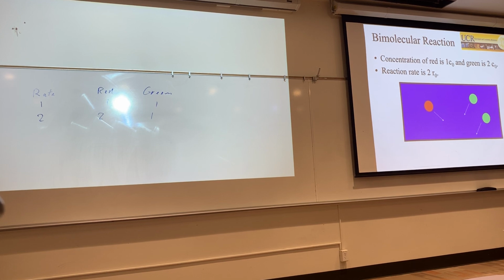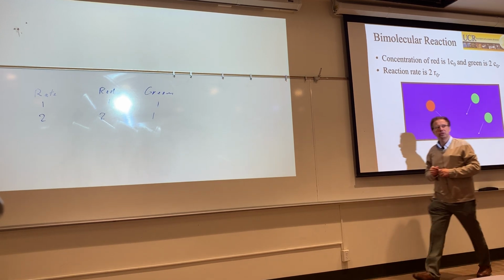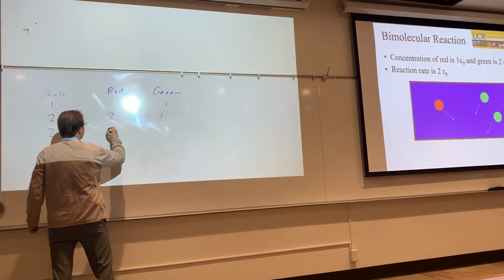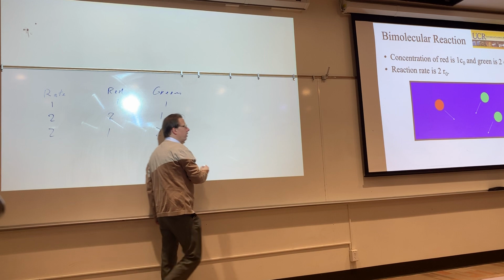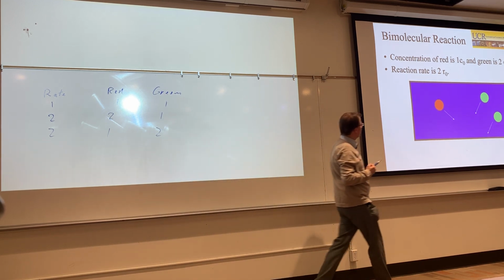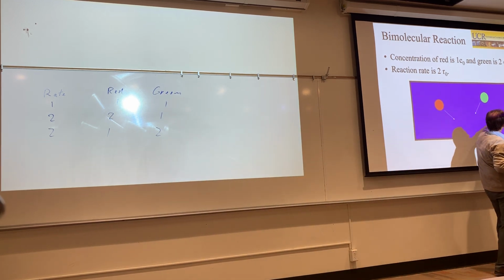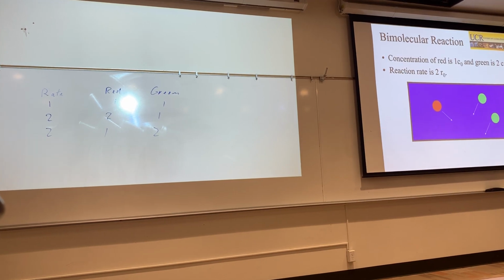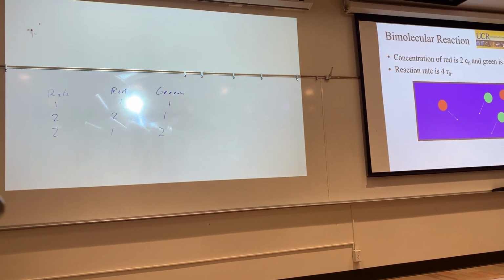Now if the other molecule were green, the same argument holds true. I'll get 2 times the rate for that, because now the one red molecule has 2 chances of undergoing the reaction by hitting this green one and by hitting that green one. So 2 times the rate of the reaction which we had in the beginning.